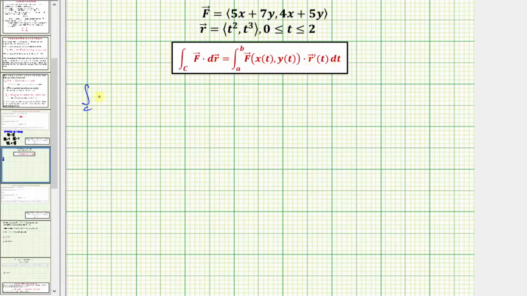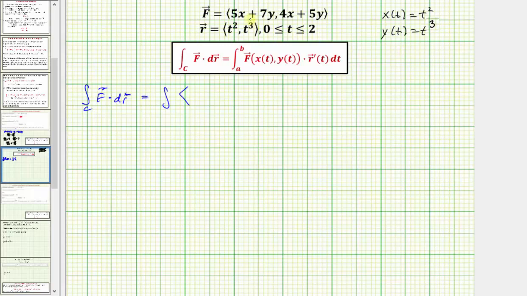So notice how here x of t, or x, equals t squared, and y of t, or y, is equal to t to the third.